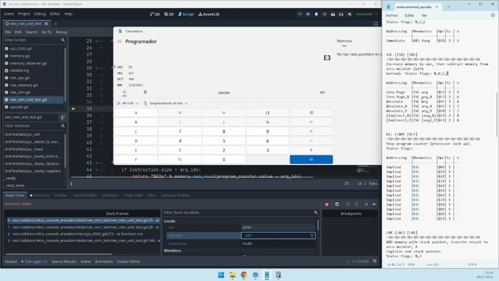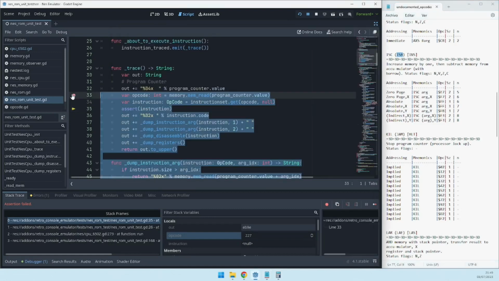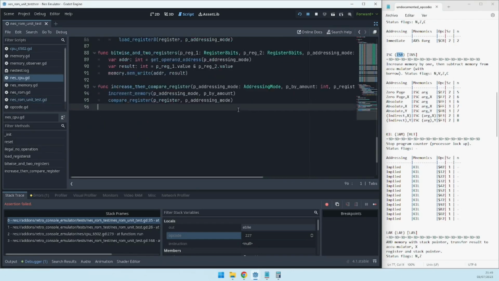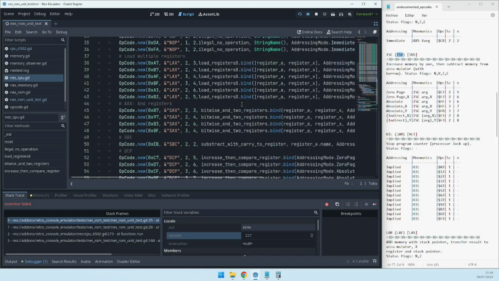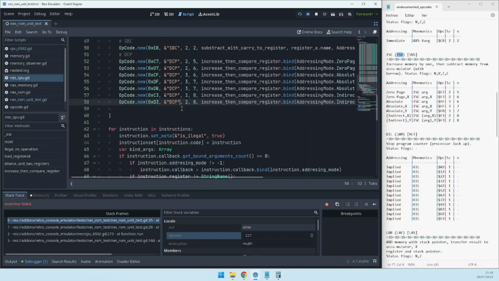It's an interesting instruction. So it is increase, subtract, carry, maybe? Or increase, subtract... I don't know what the B is. So let's go to our NES CPU and add this instruction to the bottom.